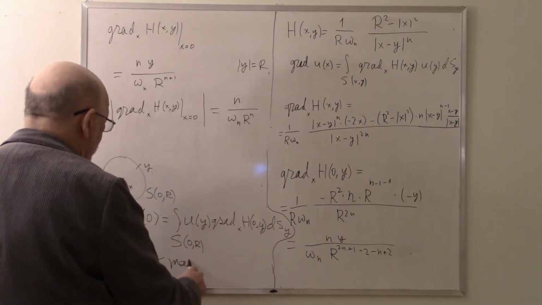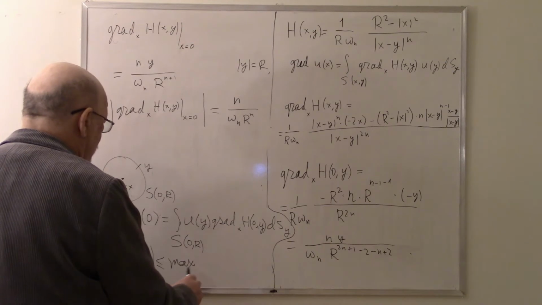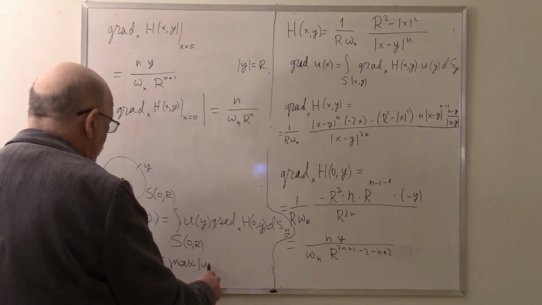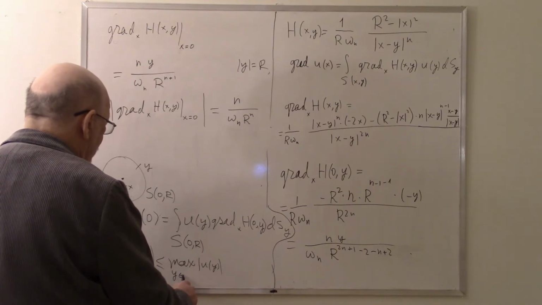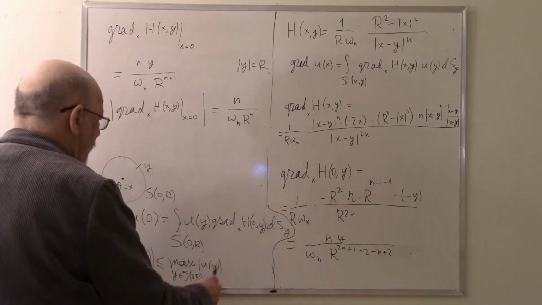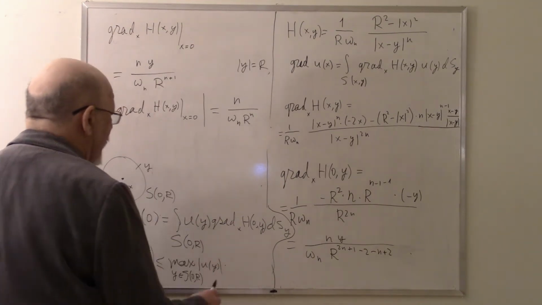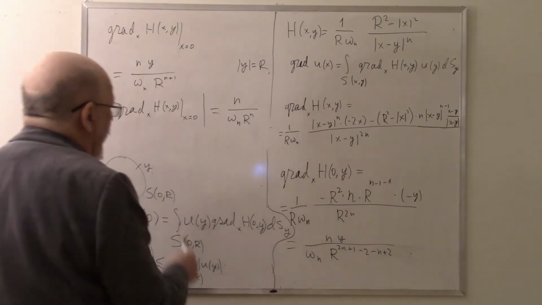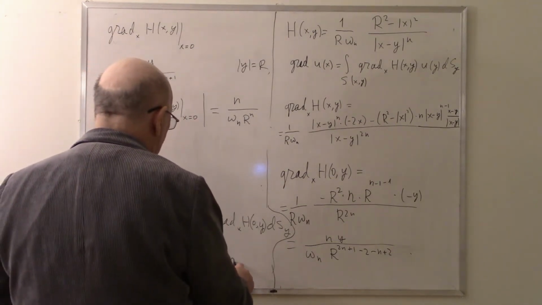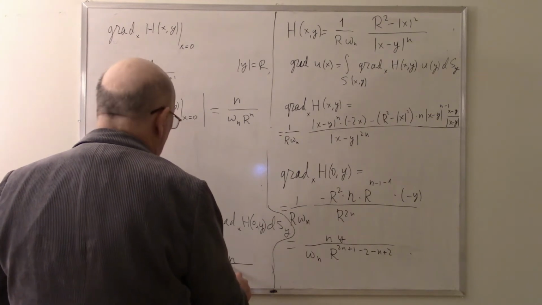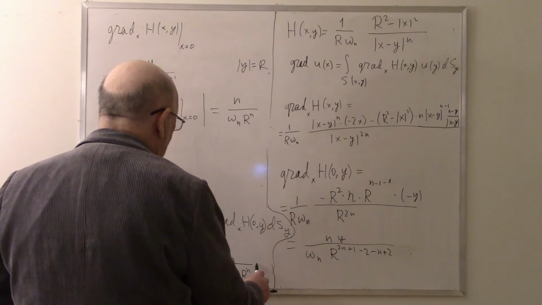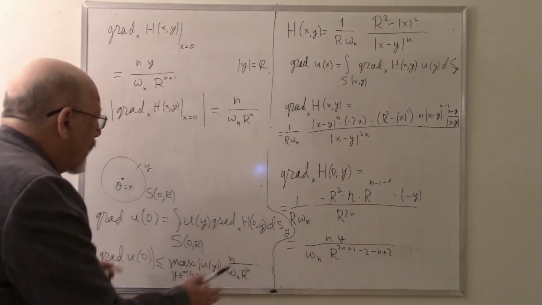It is at most the maximum of module u(y) over S(0, r), times the module of the gradient, n over omega n r to the n, times the area of the sphere.